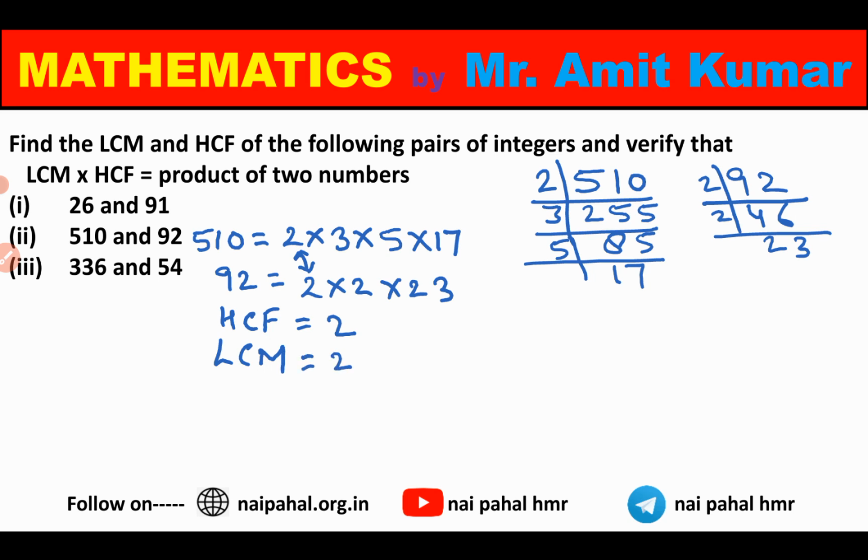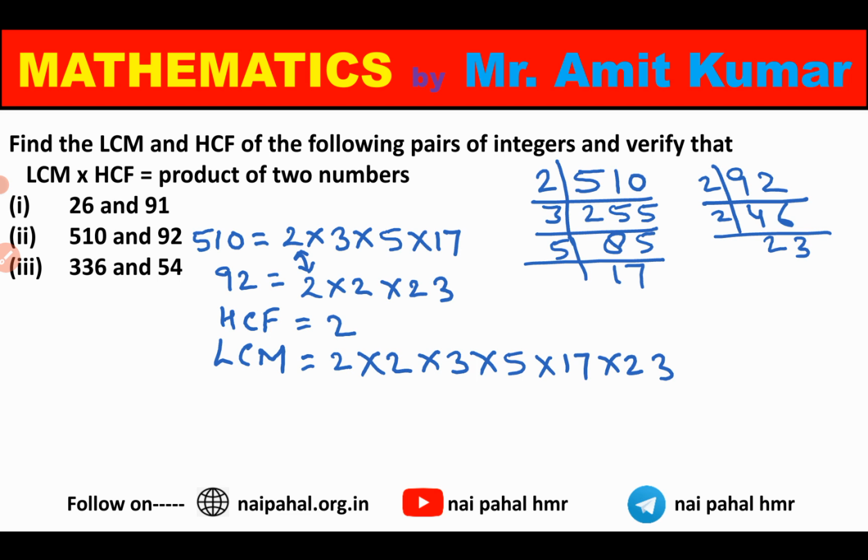The common 2, another 2, another 3, 5, 17 and 23 to be multiplied. So if we multiply, then we get, let's multiply.